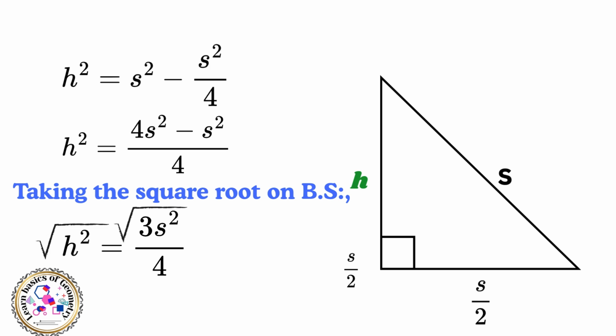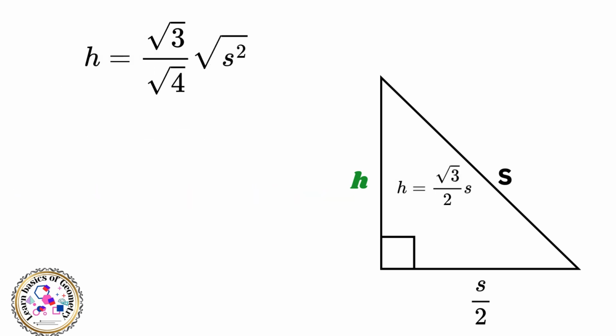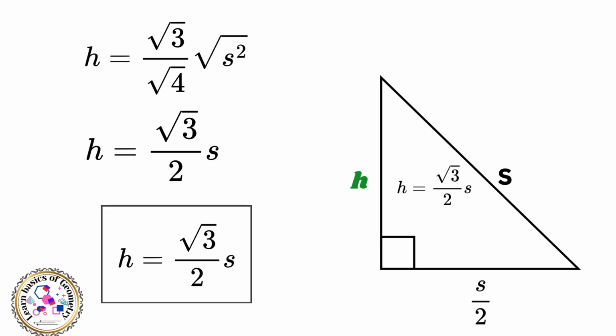Since H is a positive distance, the square root of H squared is just H. On the right-hand side, each part under the square root can get its own square root. The square root of 4 is 2. The square root of S squared is just S. So we find that the height of an equilateral triangle is exactly square root of 3 over 2 times the side length.